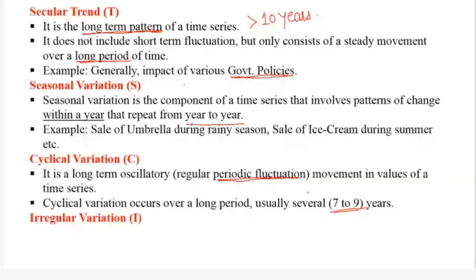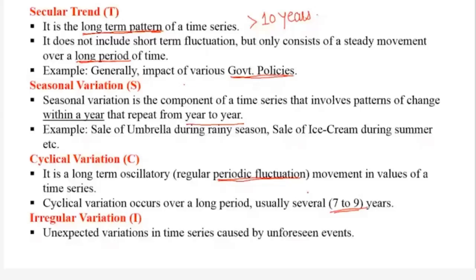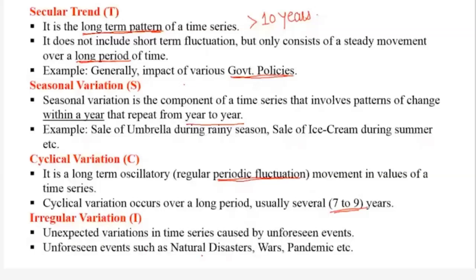And irregular, unexpected variation in time series caused by unforeseen events. For example, unforeseen events such as natural disaster, flood है, earthquake है, okay, all that. Wars also predictable नहीं रहता है, pandemic, etc. समझ में आ गया क्या? चारों components है.